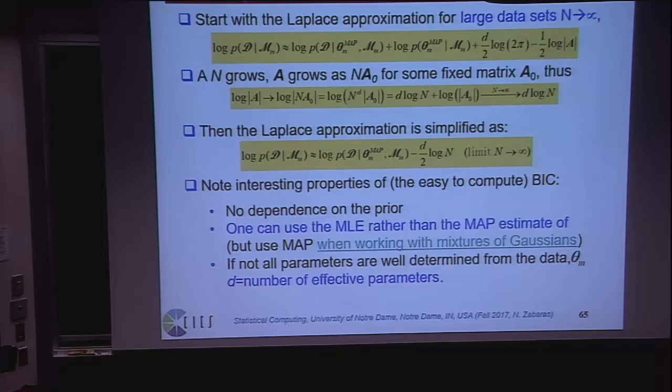So the calculation basically involves the log likelihood calculated at the MAP estimate, minus d over 2 log of n. Okay? So there's no effect of the prior, and some people actually don't even bother to calculate the MAP estimate. Sometimes they use the maximum likelihood estimate there. One way or another, this is a good starting point.